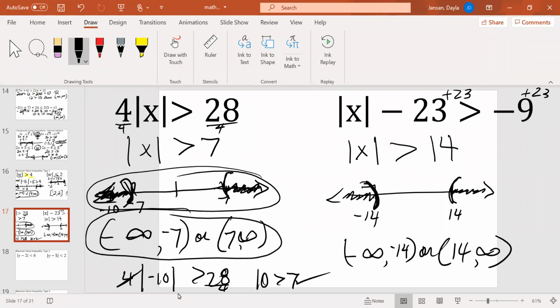So anything in either one of these intervals, if I put it back into the original inequality, say negative 16 is in this interval, the absolute value of negative 16 is 16 minus 23 is what?